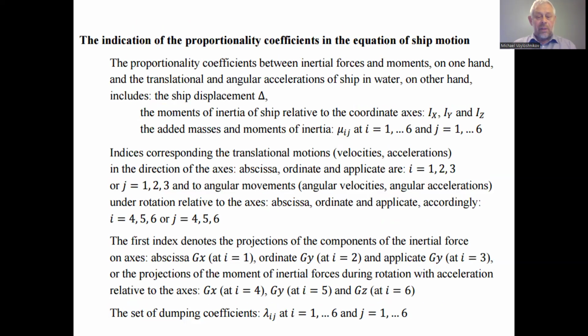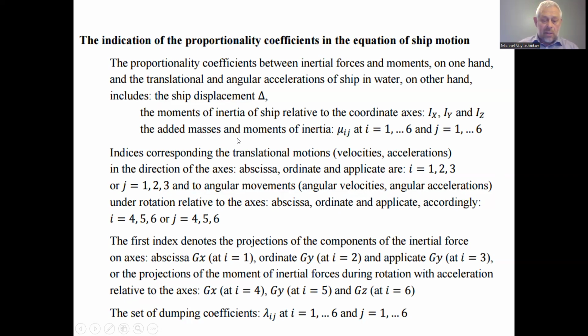The indication of the proportionality coefficients in the equations of ship motion. The proportionality coefficients between inertial forces and moments on one hand and the translational and angular accelerations of the ship in the water on the other hand include the ship displacement and the moments of inertia of the ship relative to the coordinate axes, the abscissa axis, the ordinate axis, and the applicate axis, Iy, Iz.